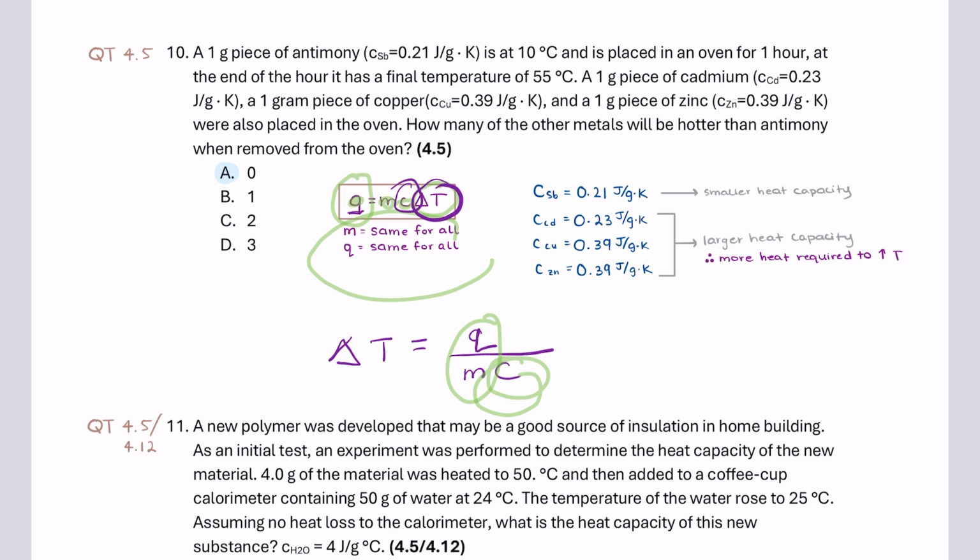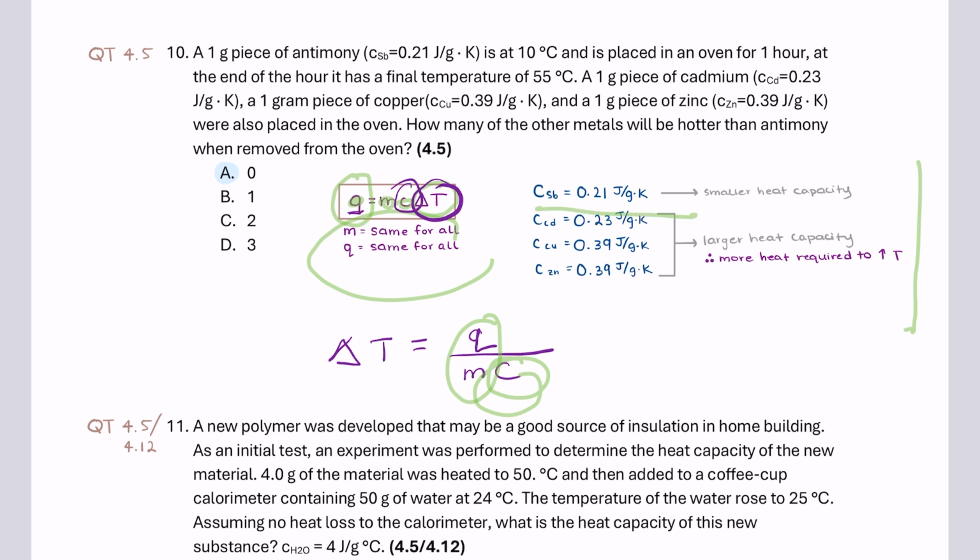So the higher the specific heat, the more heat it takes to raise the temperature, so those metals will have smaller temperature changes. Looking at the specific heat values we're given in the problem, we notice that antimony has the lowest specific heat capacity.